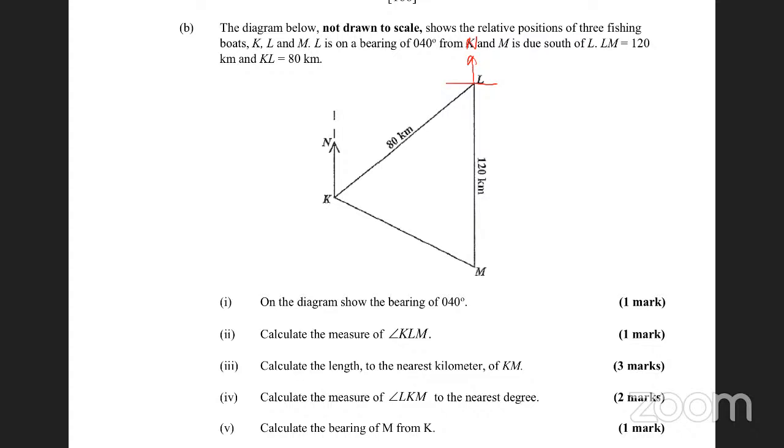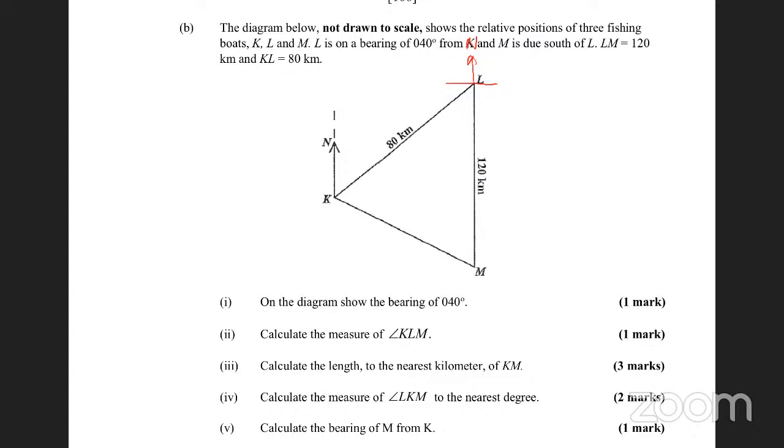Finished? Right, let me show you how to get the diagram right. Tell me when you put in the angles. I want to make sure that we put in the angles in the right place. So the diagram below, not drawn to scale, shows relative positions of 3 fishing boats, K, L, M. L is on a bearing of 40 from K. So we're starting where? K, and we're going clockwise. How many degrees?